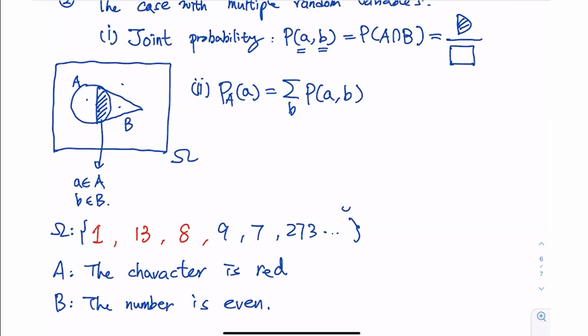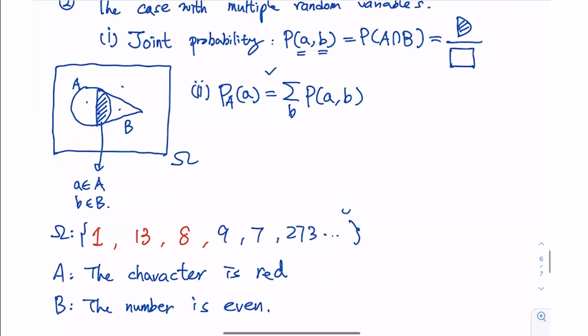So what is the meaning of this expression is that we ignore whether the number is even or odd. We just ask whether the character is red or blue. So you first figure out the probability that you have a red even number, and then you figure out the probability you have a red odd number, and then you add them together, and you eventually get the probability of a red character.